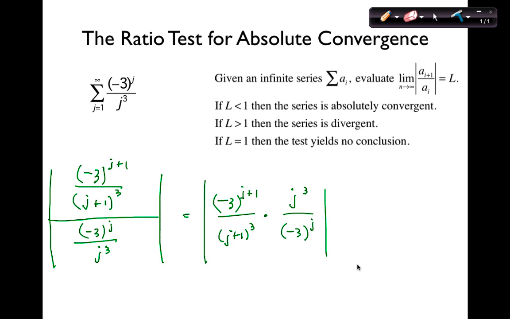This is the multiplier, always the multiplier to get to the next term. So what does it do? -3 to the j and -3 to the j plus 1 becomes, I got j plus 1 -3s on top and j -3s on the bottom, which results in one -3, right? There's one more -3 in the top than the bottom, so you just have a -3.